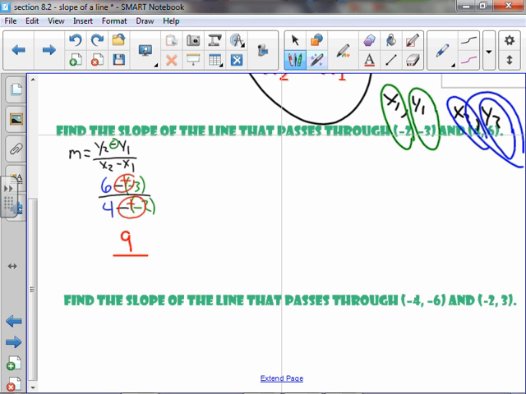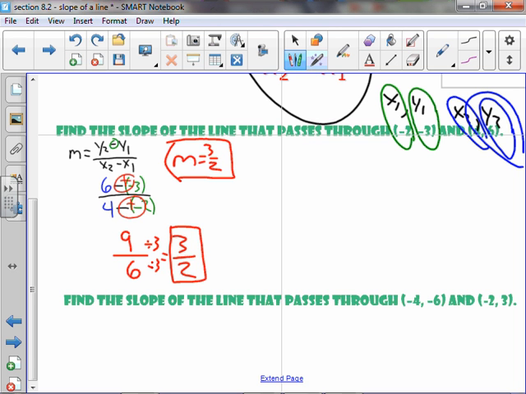These have a common factor, so I'm going to divide both top and bottom by 3. And I get 3 over 2. These do not have a common factor, so that is my slope. I am done. My slope is 3 over 2. Okay, so m equals 3 over 2.